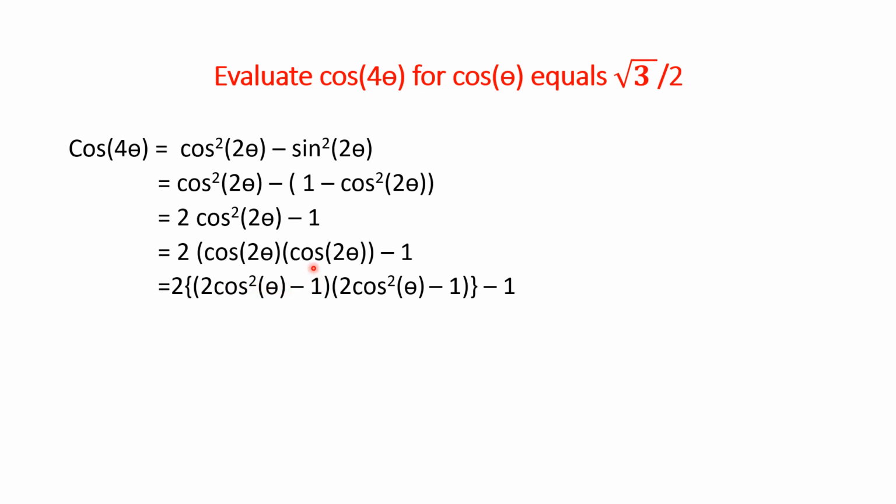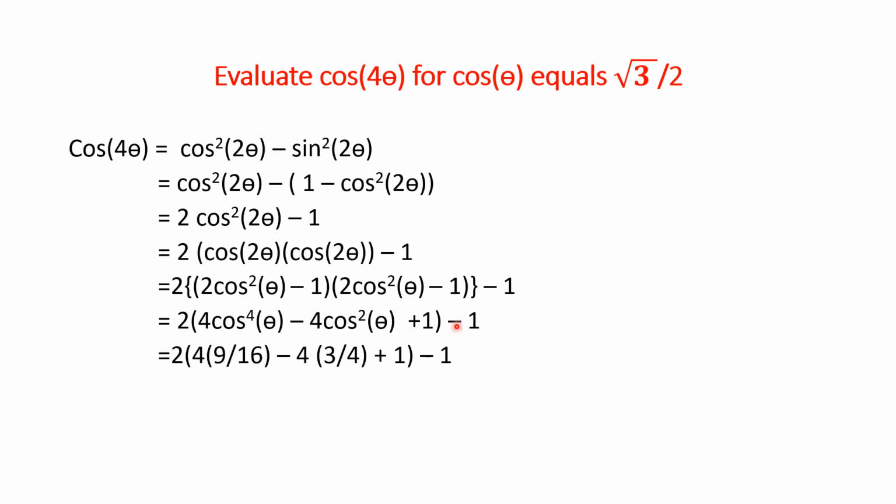Of course, when we do the math, we get 2 multiplied by 4 cosine to the power 4 theta minus 4 cosine squared theta plus 1, minus 1. Now we can use the value of cosine theta.